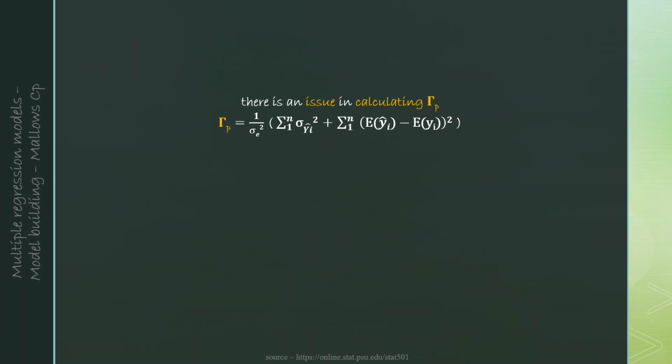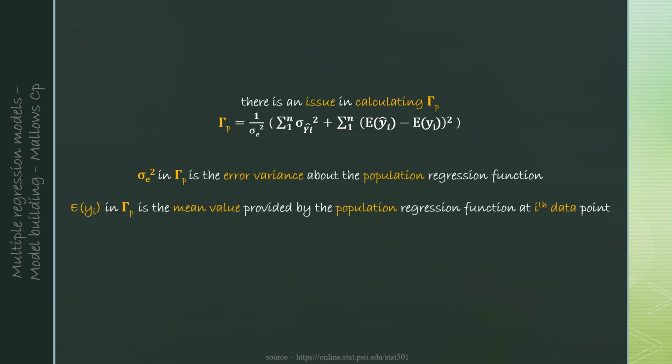However, there is an issue in calculating gamma p. Sigma e square in gamma p is the error variance about the population regression function. Estimated yi in gamma p is the mean value provided by the population regression function at ith data point. Both are population parameters and hence unknown.